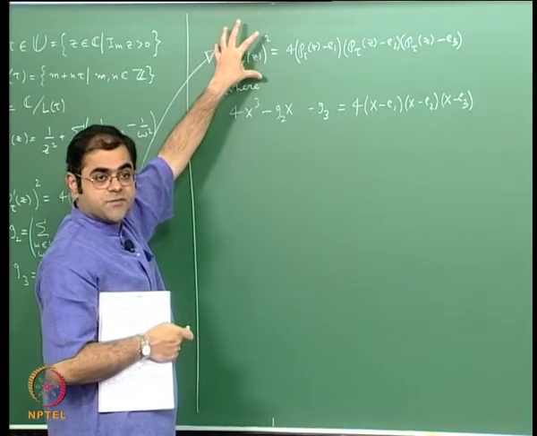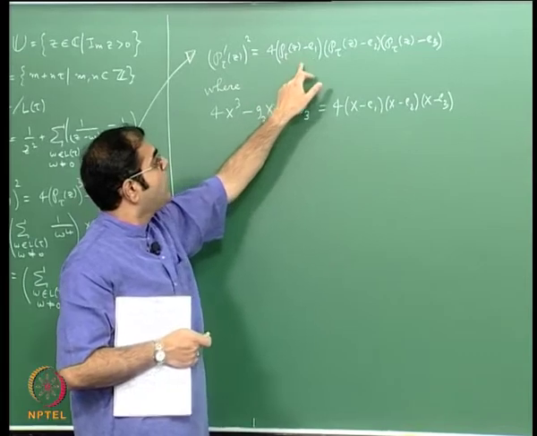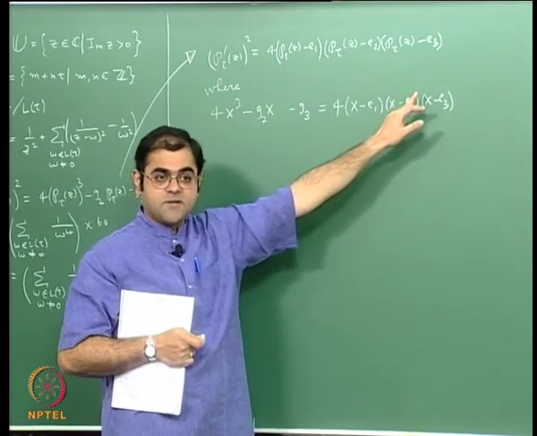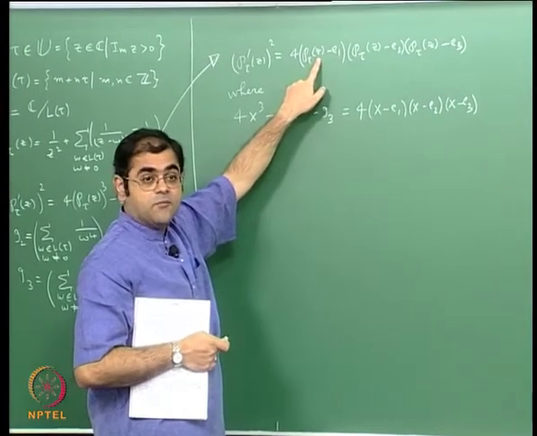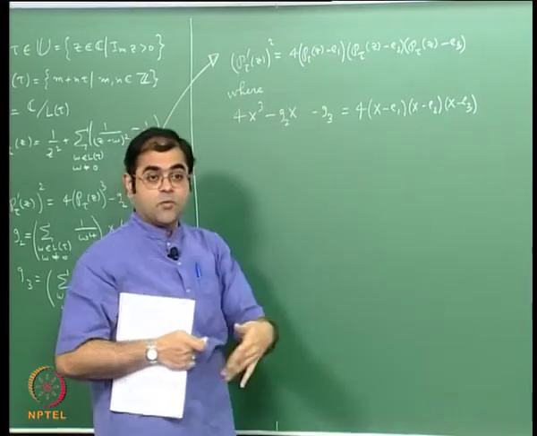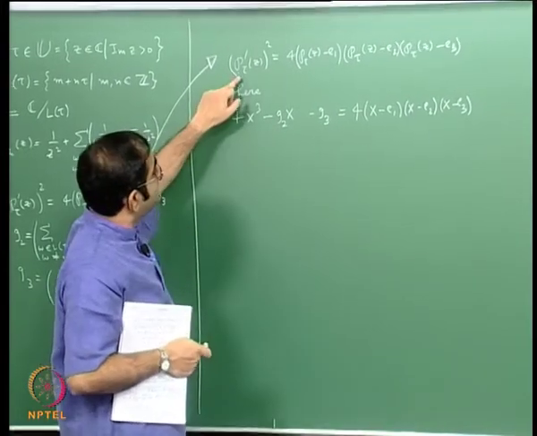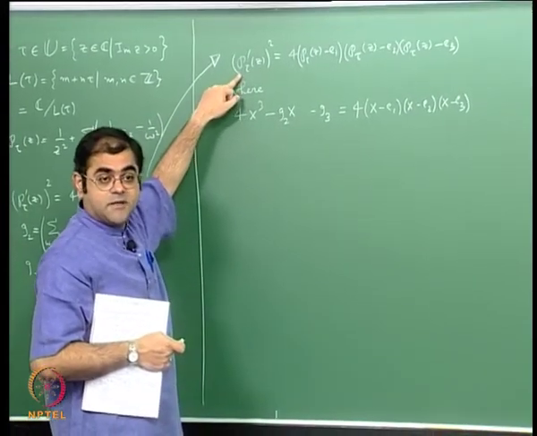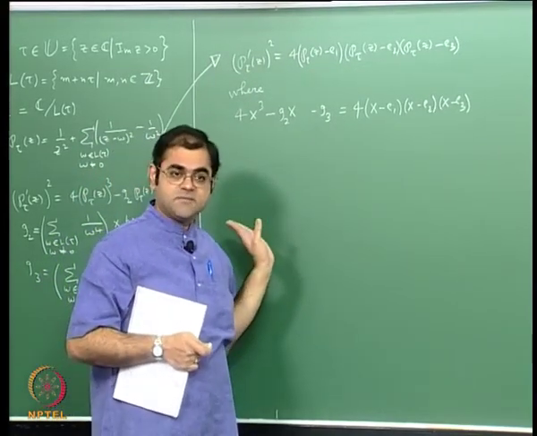If this vanishes, it will vanish only for values of z for which one of the three factors vanishes. So I am just trying to find out for what values of z p tau of z will be equal to one of the ei. These will be precisely the values of z for which the derivative vanishes because of this differential equation. So this is how I am using this differential equation.